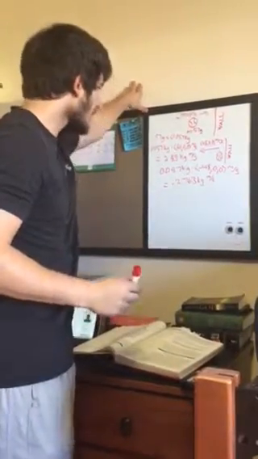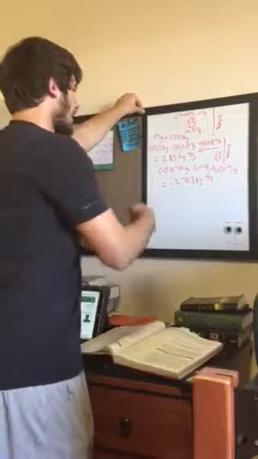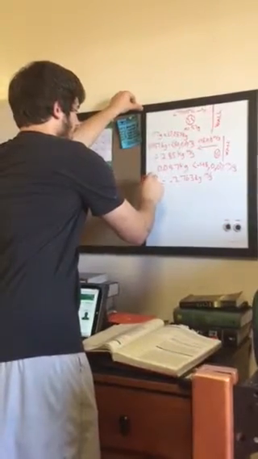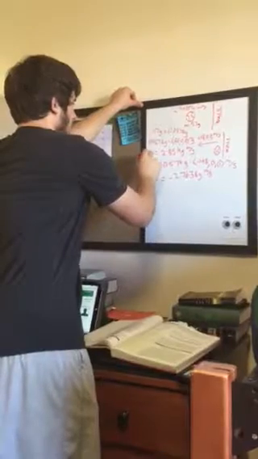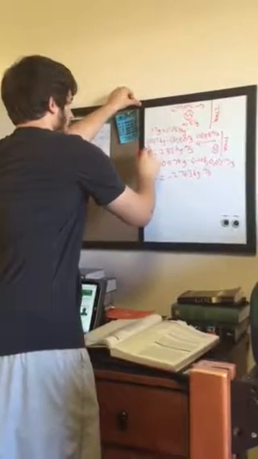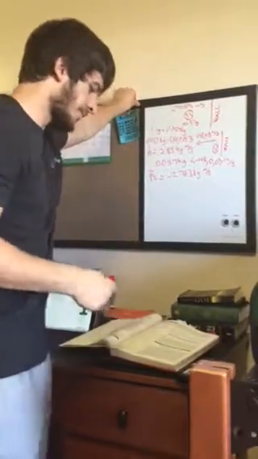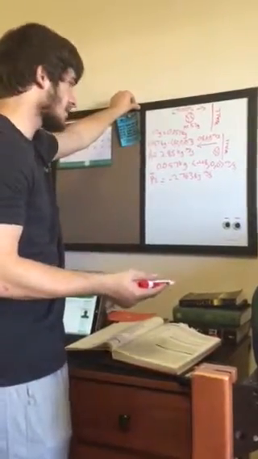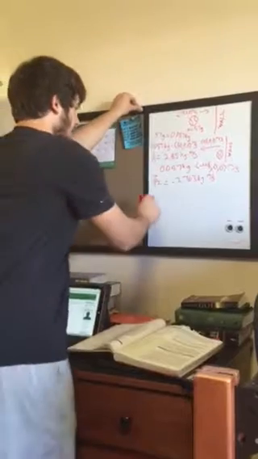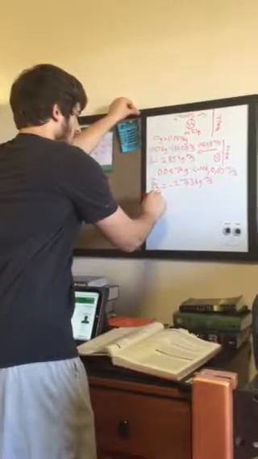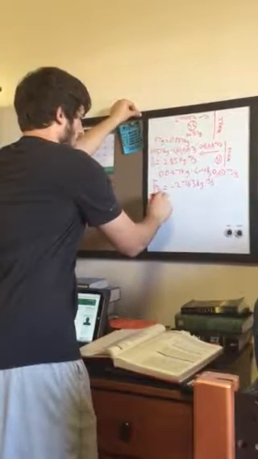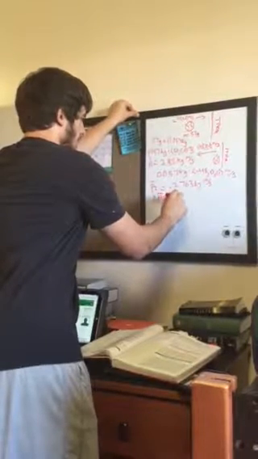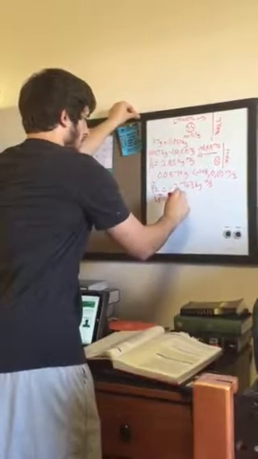Alright, so now we have our P2 and our P1. So in order to find the change in momentum, which is what this problem is asking for, we simply know that the formula is delta P is equal to P2 minus P1.